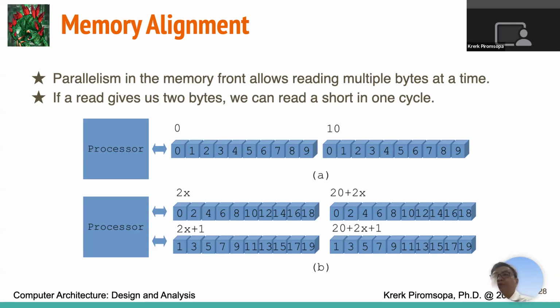Back then, when we connect the memory to the processor, we use an 8-bit bus, 8 lines, to read the memory. So when you read something, you get 1 byte in.